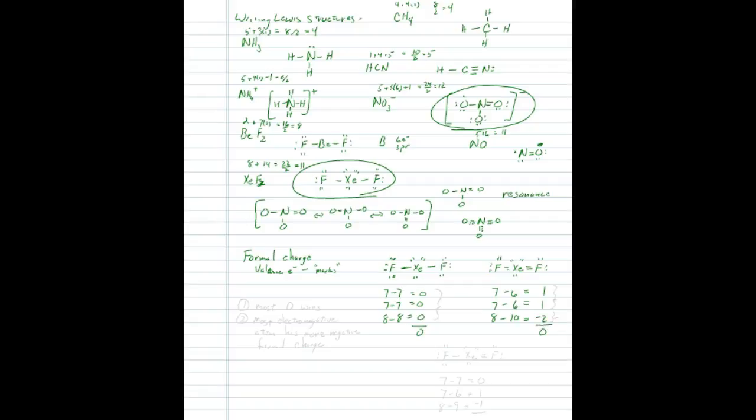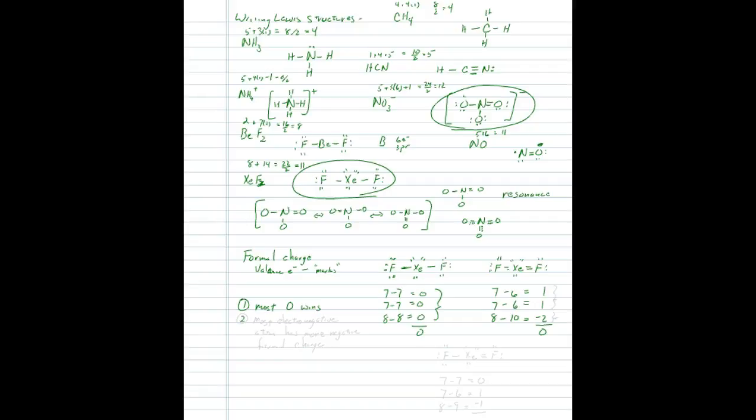Gives you 0. So you did the math right. Make sure you do it. Which one of these is more likely? Well, there are 2 rules. First, the one that gives you the most zeros wins, which obviously is here because they're all zeros. So this gives you the most likely form of xenon difluoride.